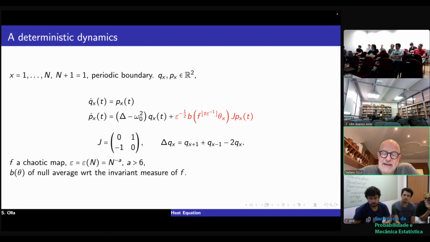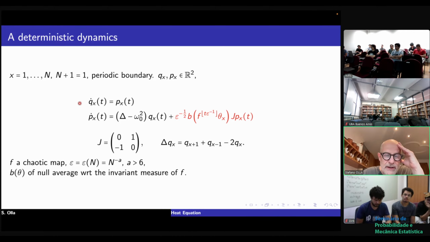I can see this as an academic question, or other people can see this as: you can actually prove a diffusive equation, which is something really related to stochasticity, from a completely deterministic dynamics without putting any noise in the dynamics. The only noise should come from the initial condition. And this is what we have been studying.